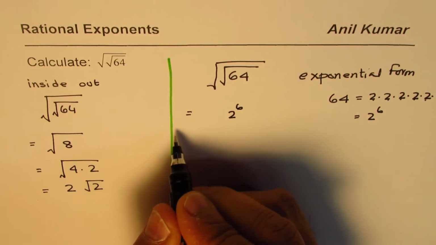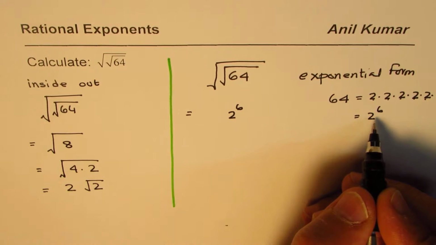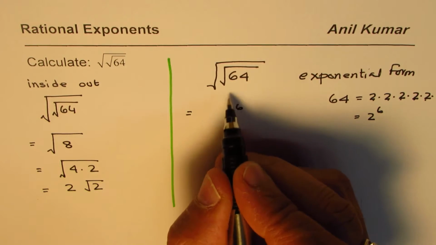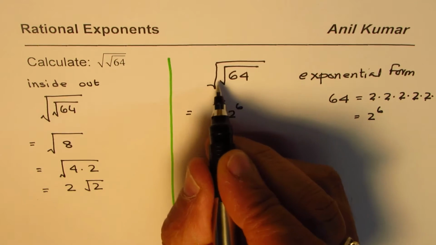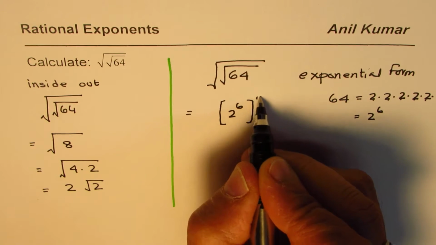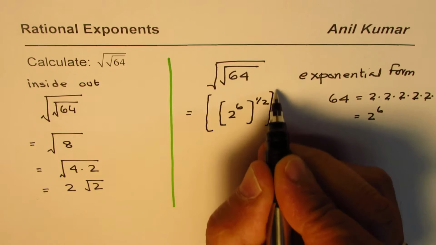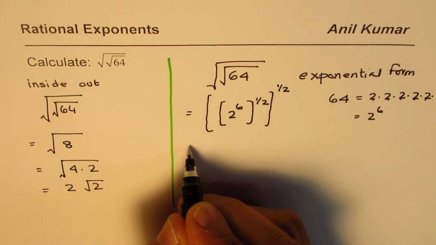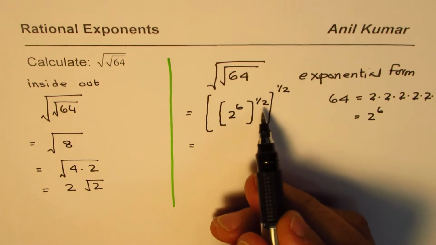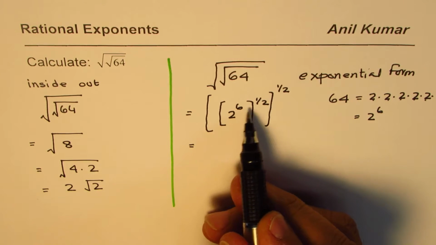Sometimes this may be better, right? And then we have the square root. So first this square root is like to the power of half, and then the outer square root is another half. You get it, right? Now we can solve by using the power rules.